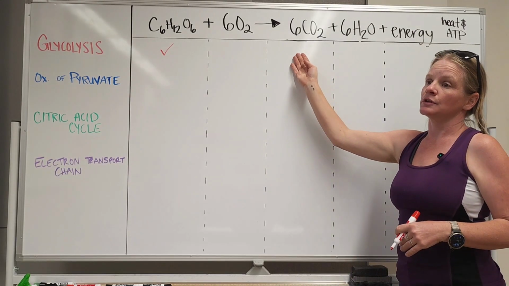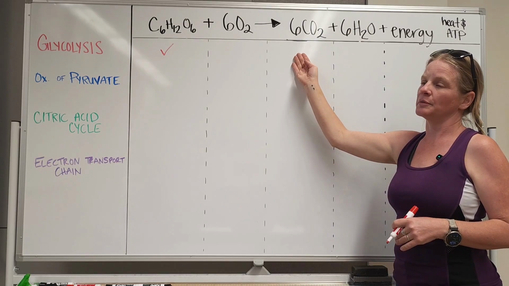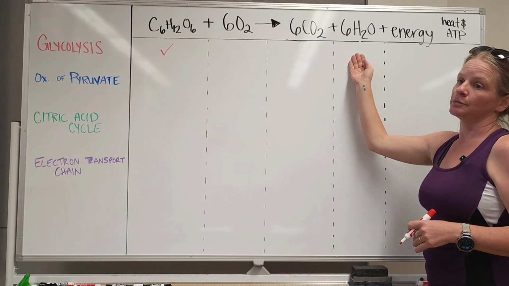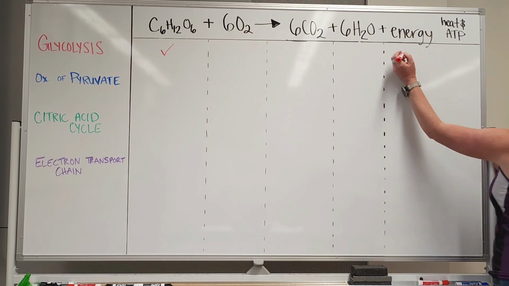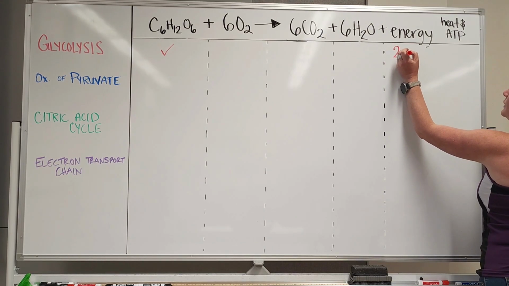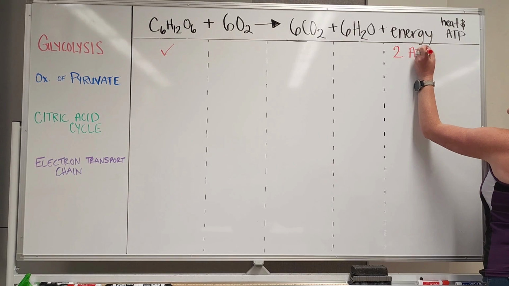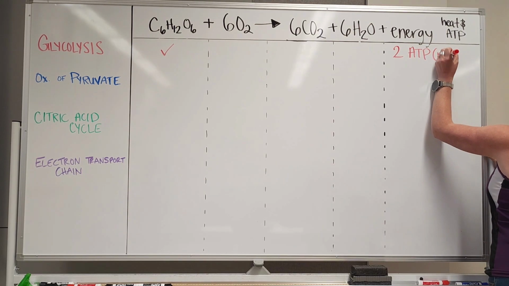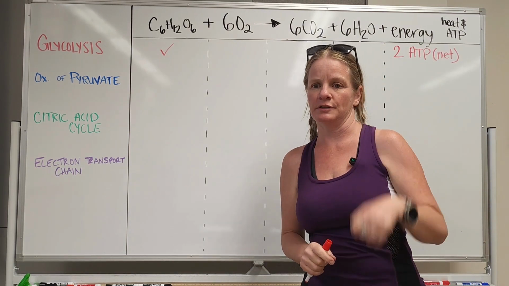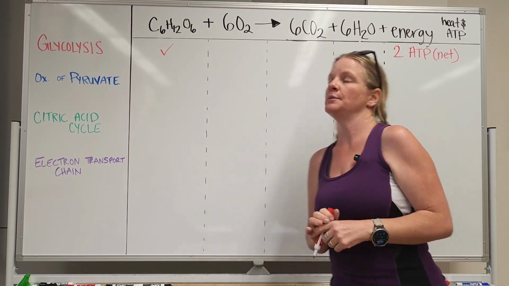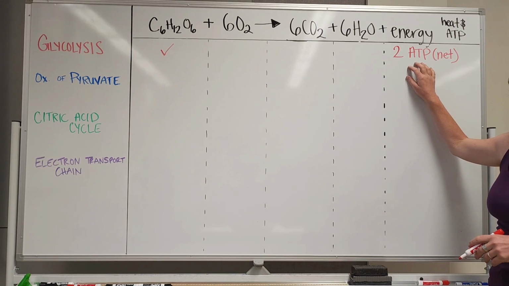We have produced no carbon dioxide, and we have produced no water. But we've gained 2 ATP molecules, right? We used 2 to produce 4. That means that we've profited 2 ATP molecules. So we'll add that to our equation right now.